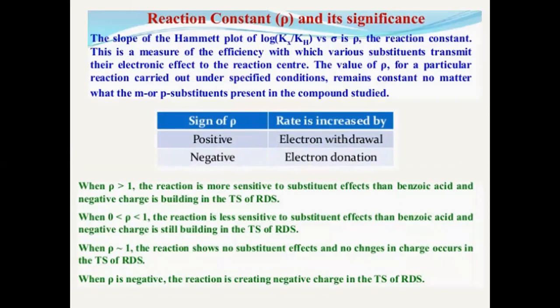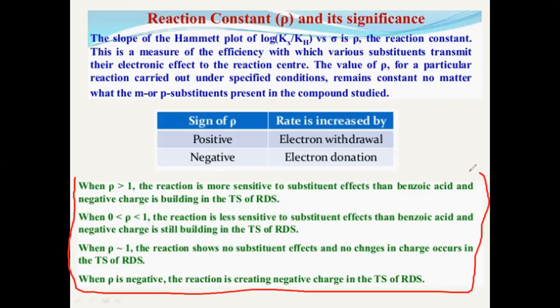See, if rho is greater than 1, that is positive. Very interesting. Then the reaction is more sensitive to substituent effect than benzoic acid, and negative charge is building in the transition state of RDS. ये 4 पॉइंट्स को आप याद करो. ये हेमेट इक्वेशन का इसमें क्या थीम है?